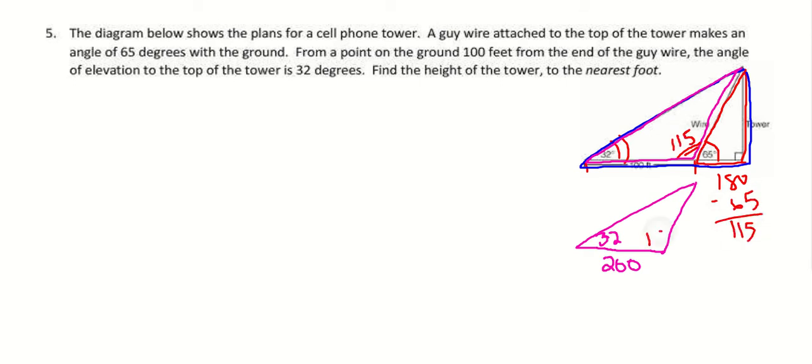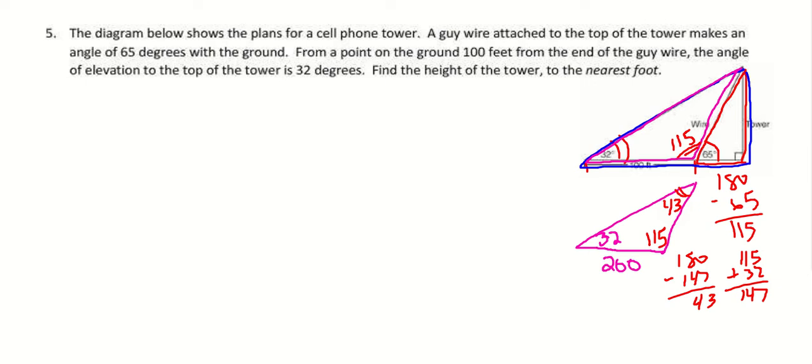And now I have two angles on the side, so I can use the law of sines here to figure out that side. But if I want to find the length of the wire, I actually need this angle up here. So if we add 32 and 115 and subtract that from 180, we're going to get 147, and then 180 minus 147 is going to give me 43, and so that's the measure of this angle up here.